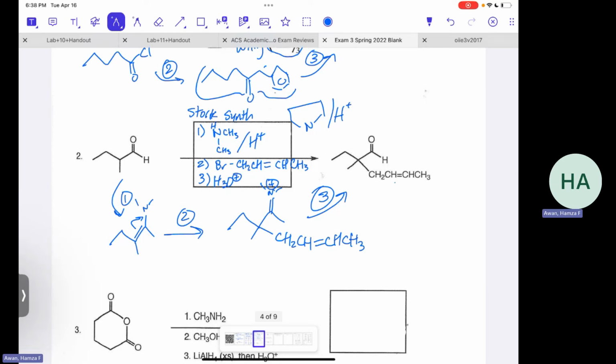Are there any questions on that one? You just have to remember to do that. This one is kind of just memorization. We'll go into the other one where we have the 1,2-diol. For that one, we're going to have 2 carbonyl groups. And this one, we only had 1 carbonyl group, so we used Stork synthesis.